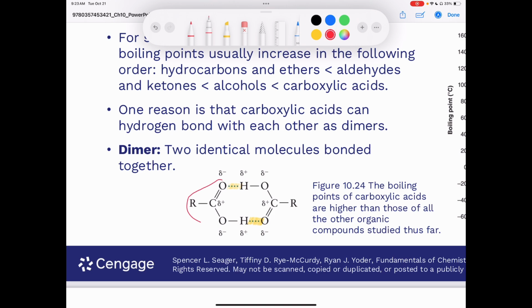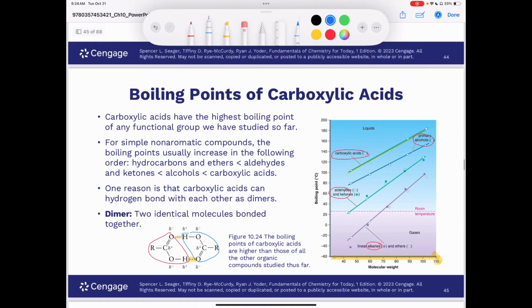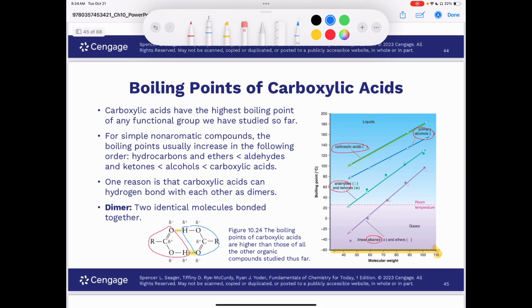So you see here, this is a carboxylic acid right here, and this is a carboxylic acid here. These dashed lines that I have highlighted in yellow are the hydrogen bonds. Hydrogen bonding is maximized between carboxylic acids, resulting in the very high boiling points you see here at the top of the graph.